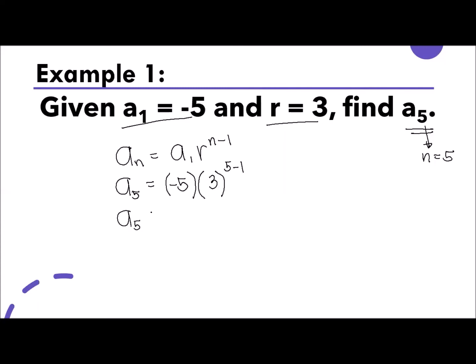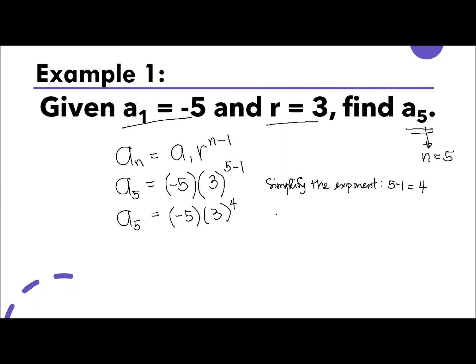So, bring down a sub 5. In GEMDAS, we're going to simplify first the exponent. So, simplify the exponent 5 minus 1, which is equal to 4. So, negative 5 multiplied to 3 raised to 4.